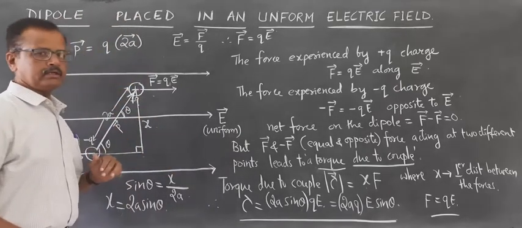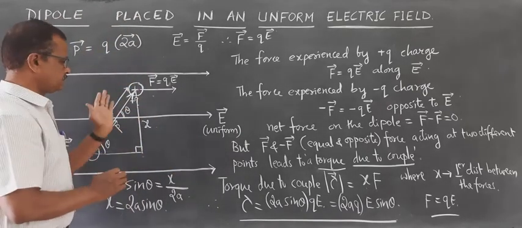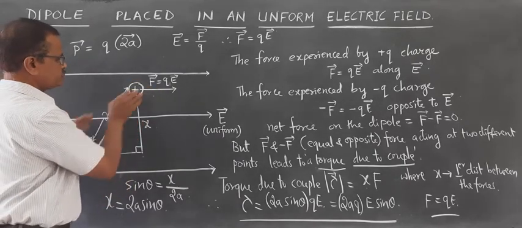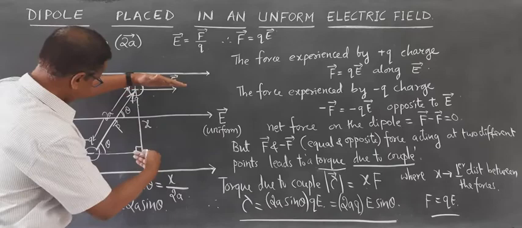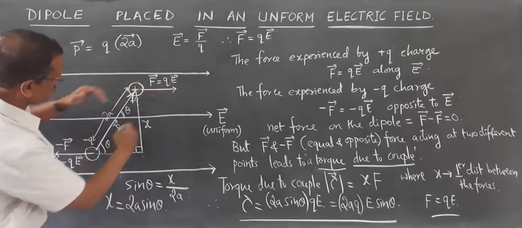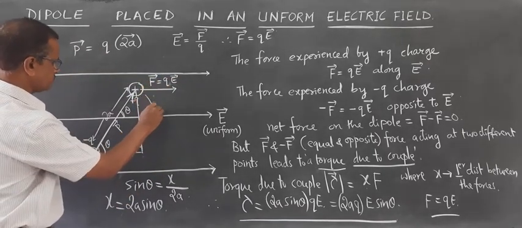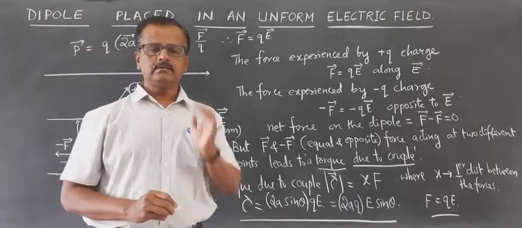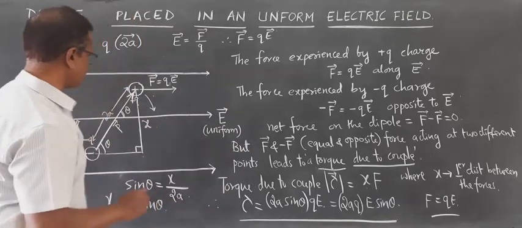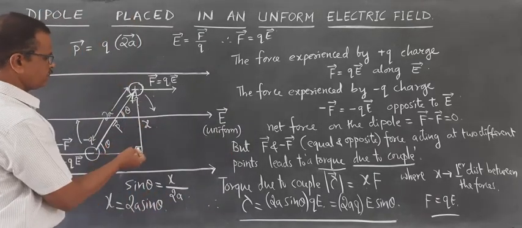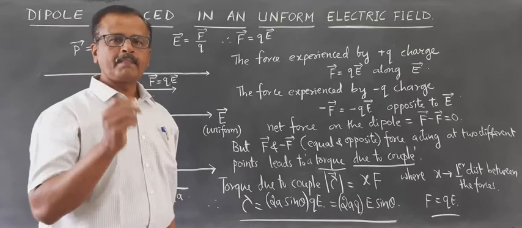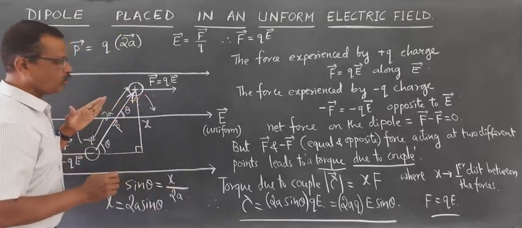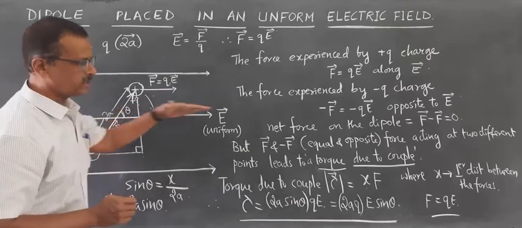This torque tends to turn the dipole. This force is acting in this direction, the opposite force is acting in the opposite direction, so it tends to turn clockwise. So it will have a clockwise torque. The clockwise torque can be calculated as torque tau equal to pE sin theta, which tends to turn this dipole and align it along the electric field.